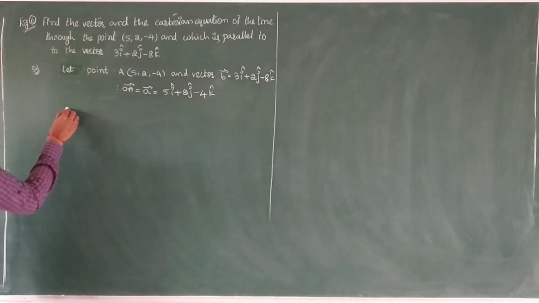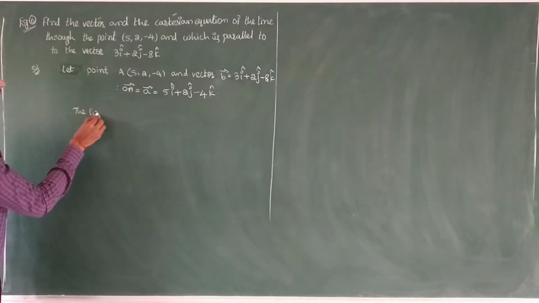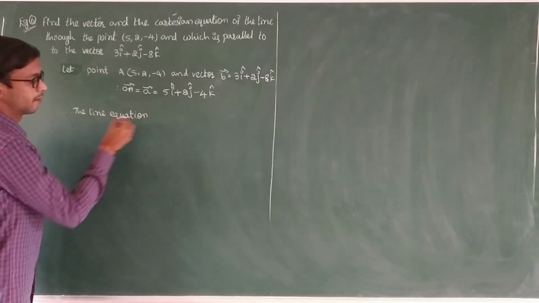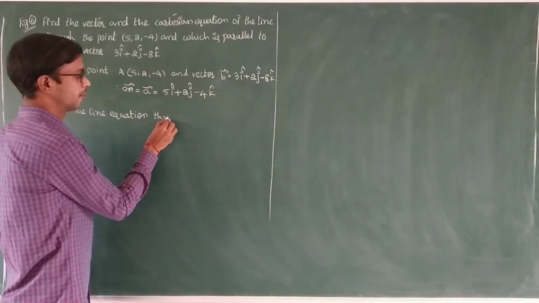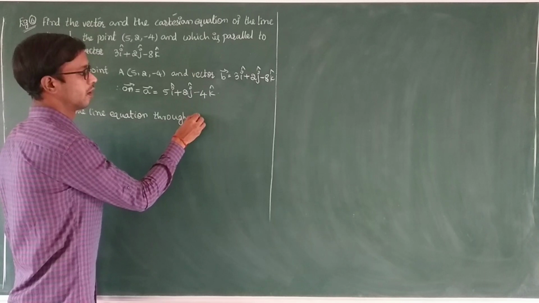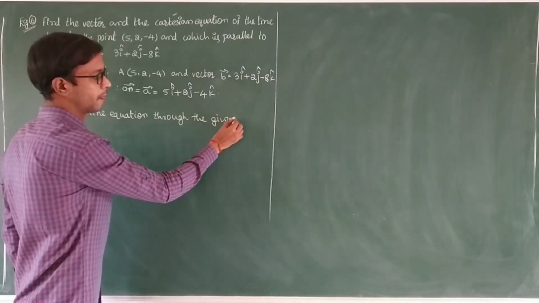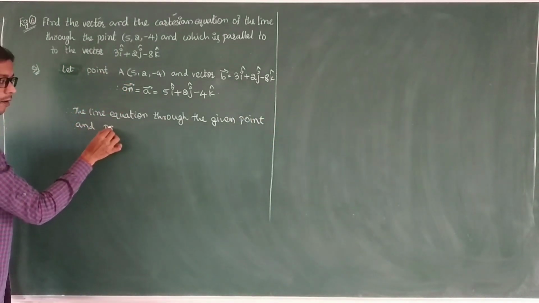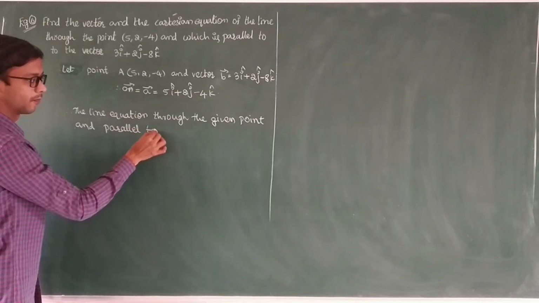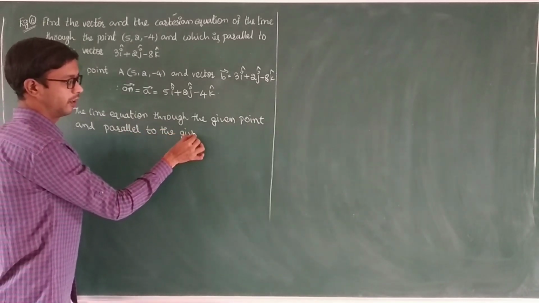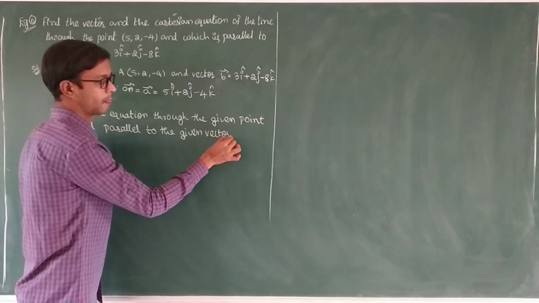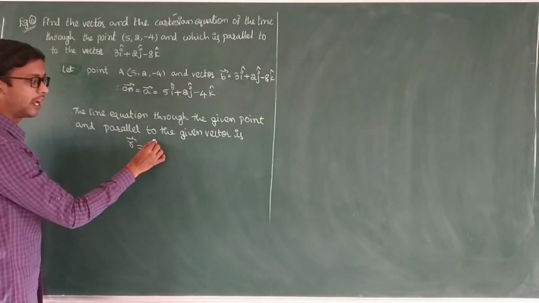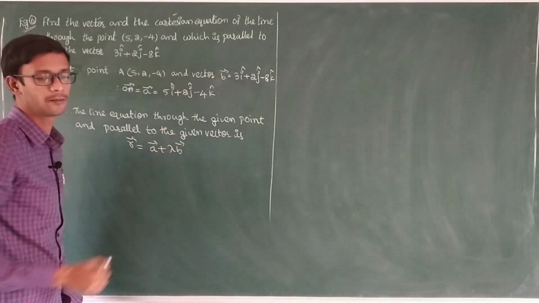So now, therefore, the line equation through the given point and parallel to the given vector is R bar is equal to A bar plus lambda B bar.